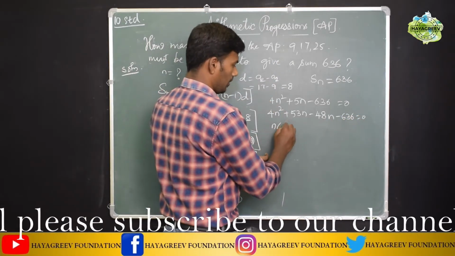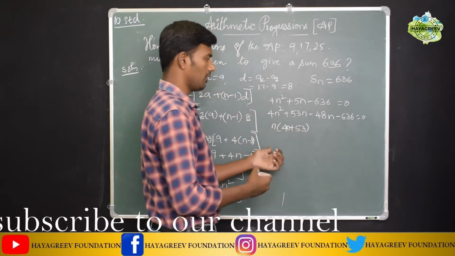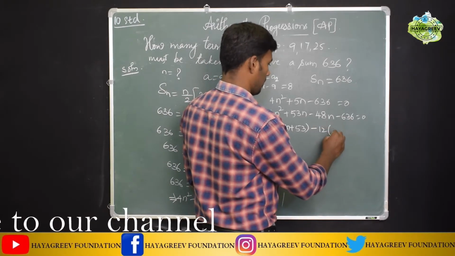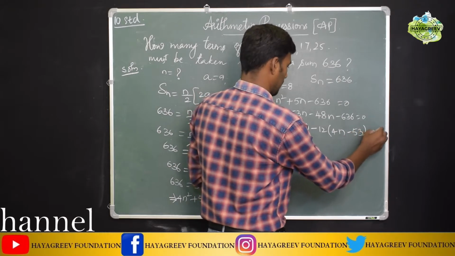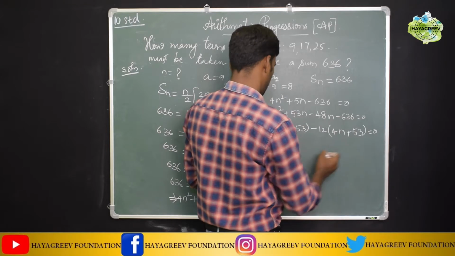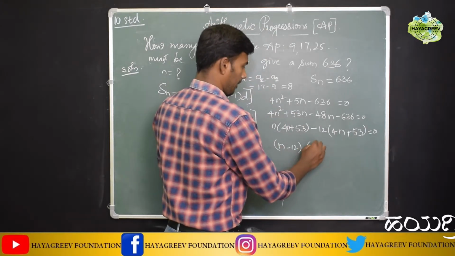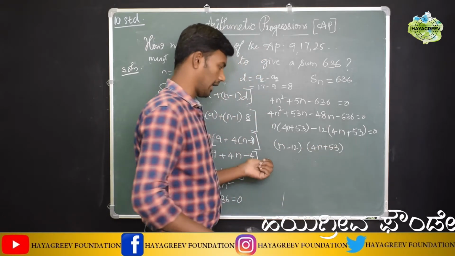If you take n common, n into 4n plus 53, and minus 12 common, minus 12 into 4n plus 53. Then n minus 12 into 4n plus 53 will be the factorization.